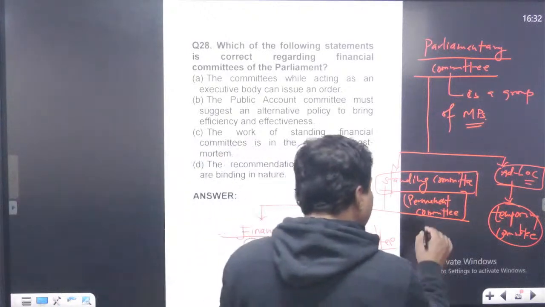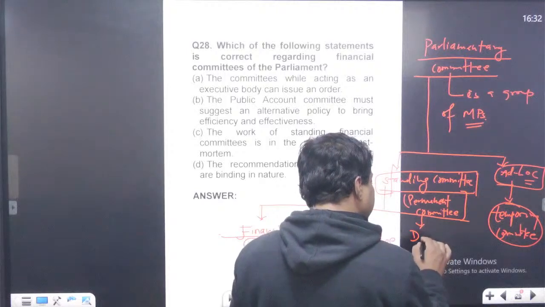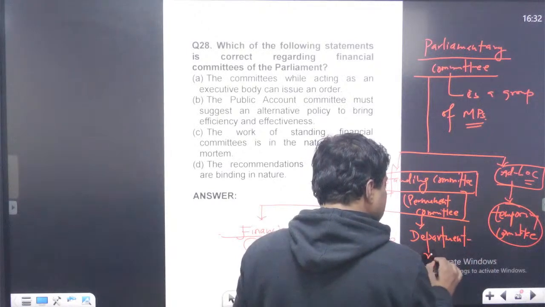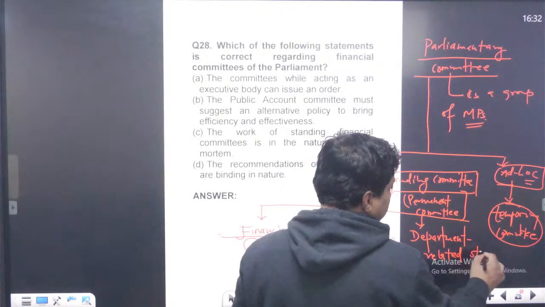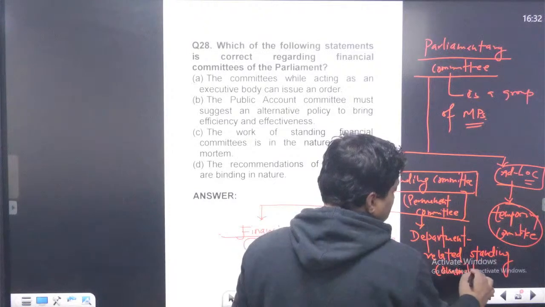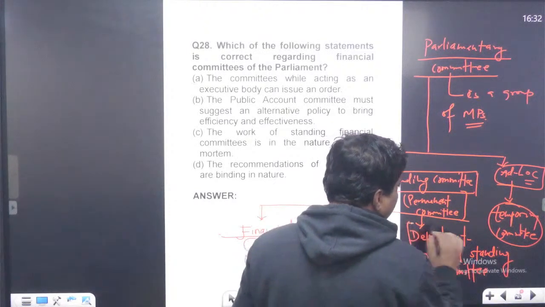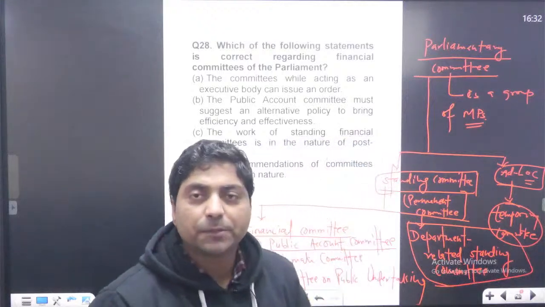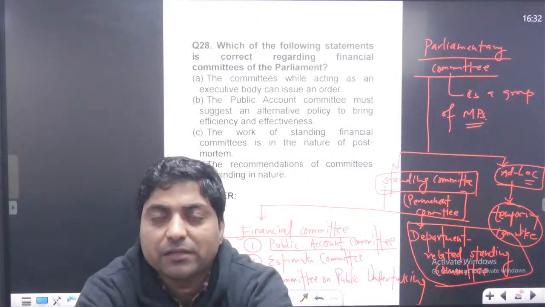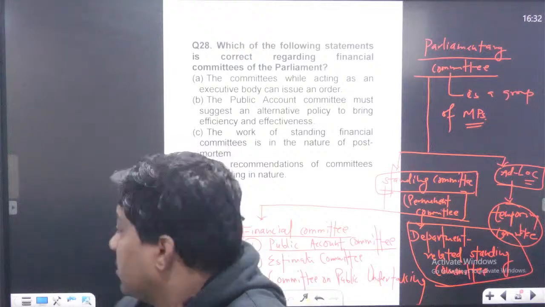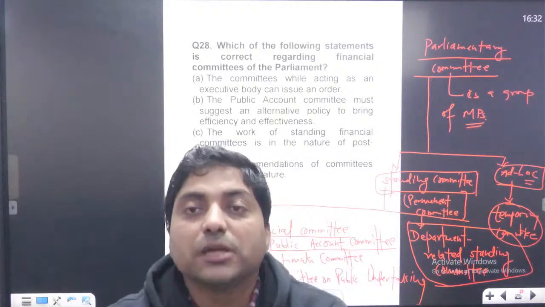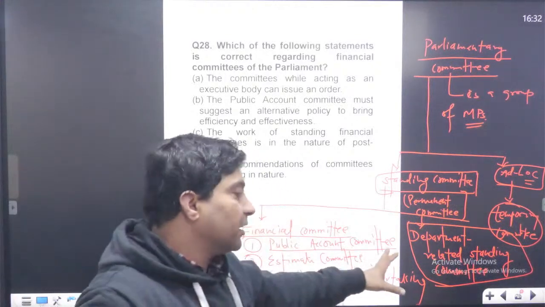Apart from these, there are department related standing committees. What does it mean? There are departments, for example, the Department of Law, Department of Finance, Department of Children and Women, Department of Social Justice, and different departments have their own committees.